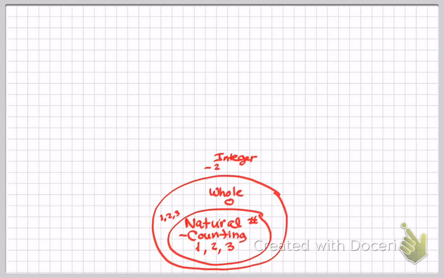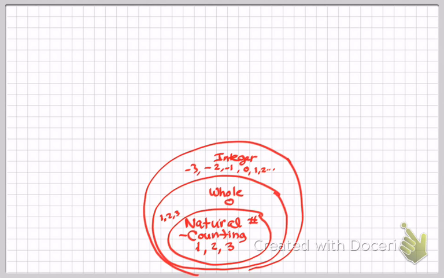So -3, -2, -1, and also our 0, 1, 2. So those are our integers.